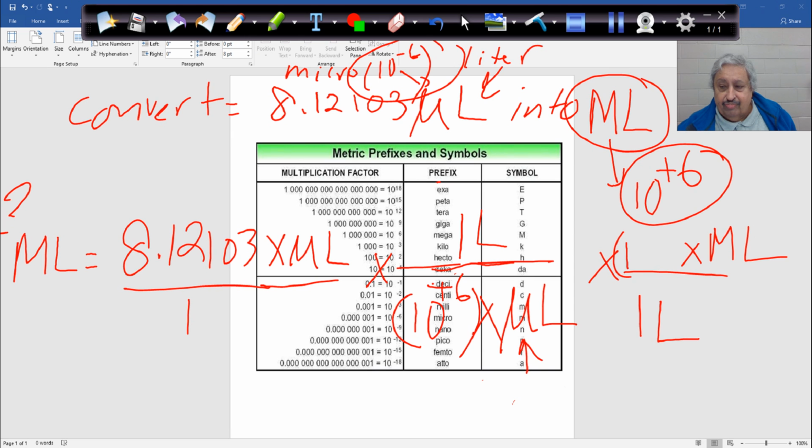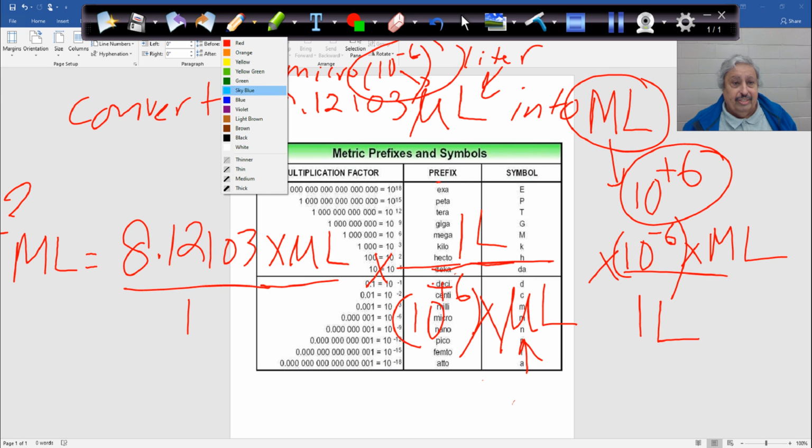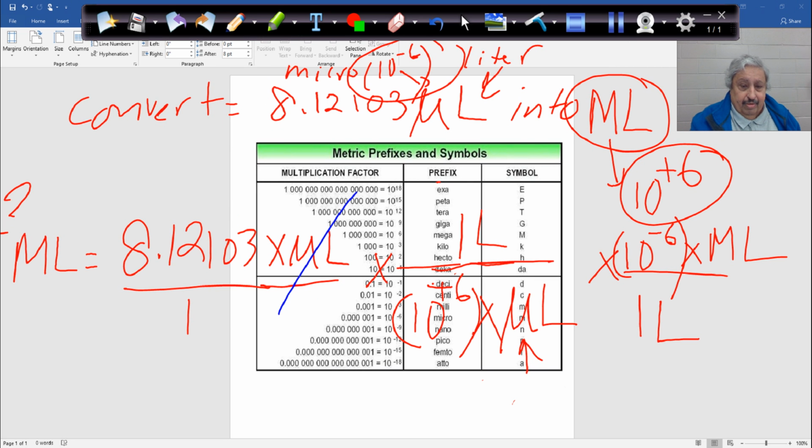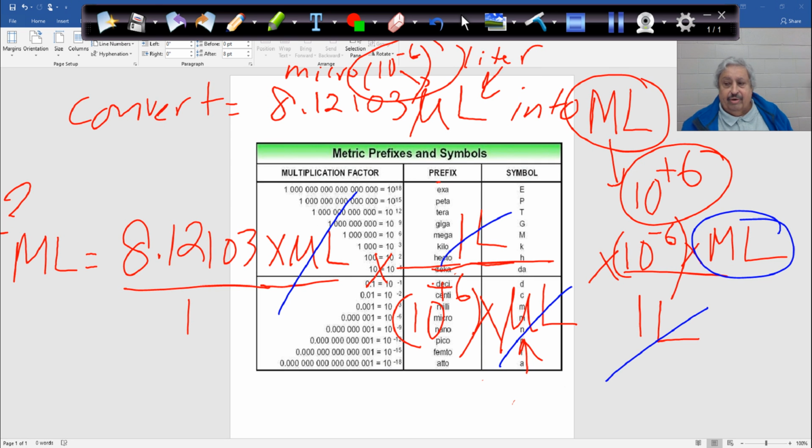What should I put in front of it, 10 minus or plus? Come on, guys. Mega is 10 plus 6. I should put the opposite of the value of the exponent, so 10 minus 6. Everybody's following me here? Now we do unit cancellation, the next step. Macroliter out, liter out. The only thing left is our capital M megaliter.